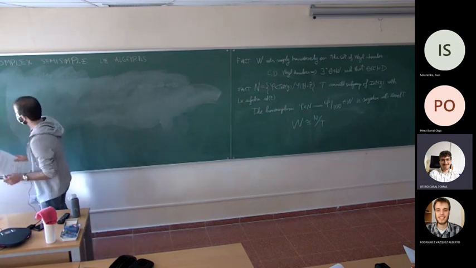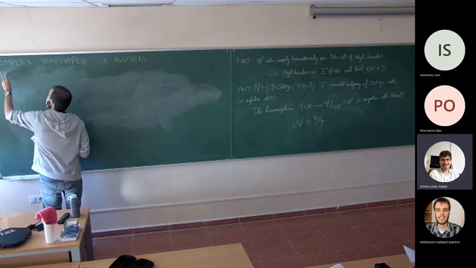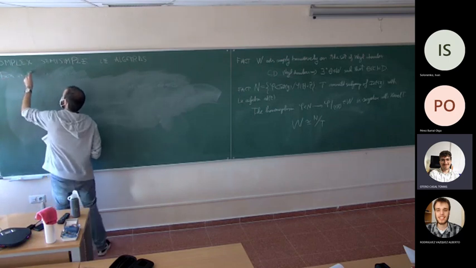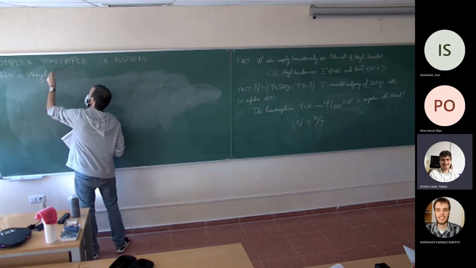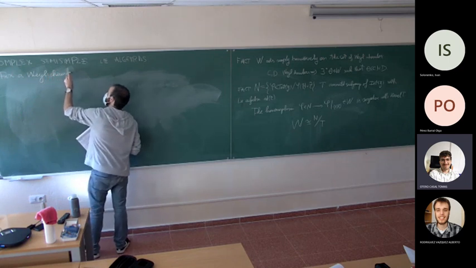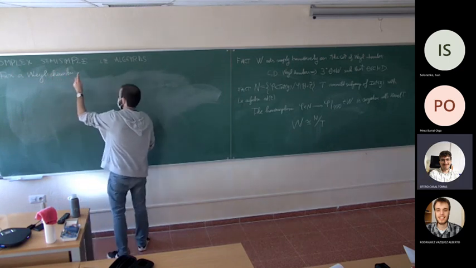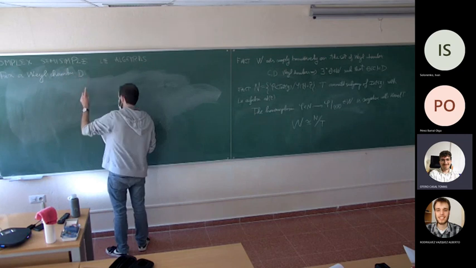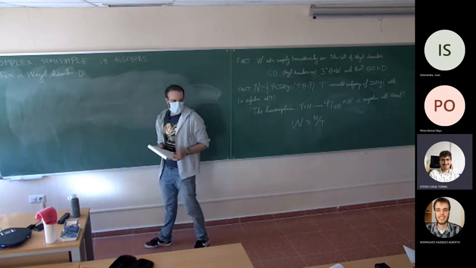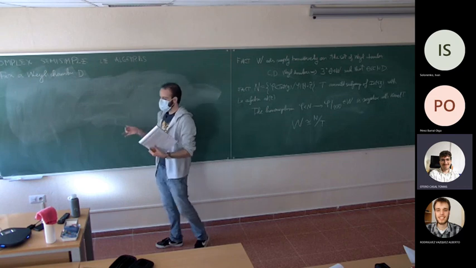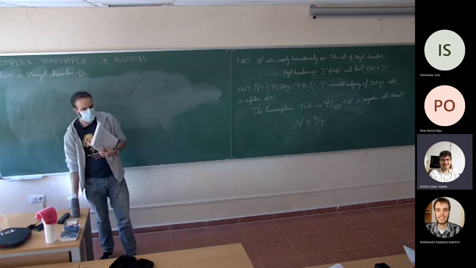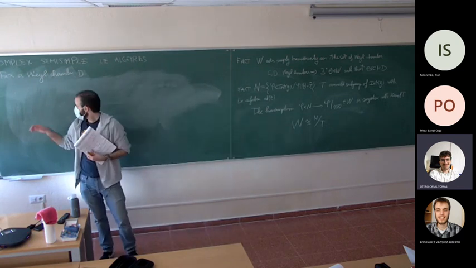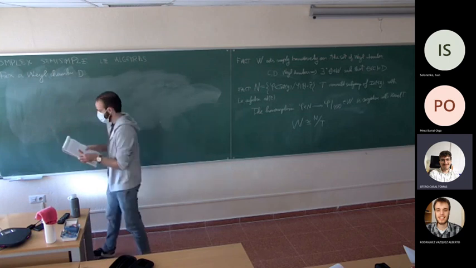So let's fix a Weyl chamber, which we call D. Okay? So D is a connected set in which every root is non-vanishing. So the root is going to be either always positive in D or always negative in D.